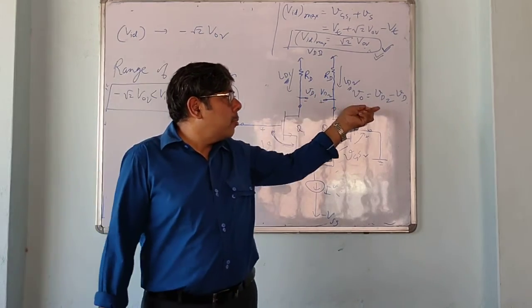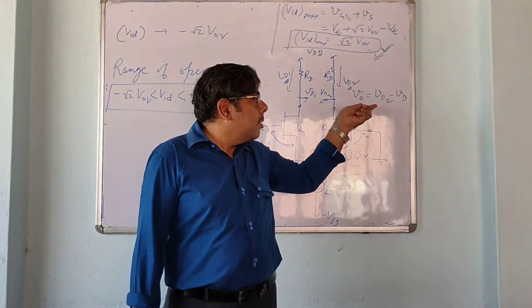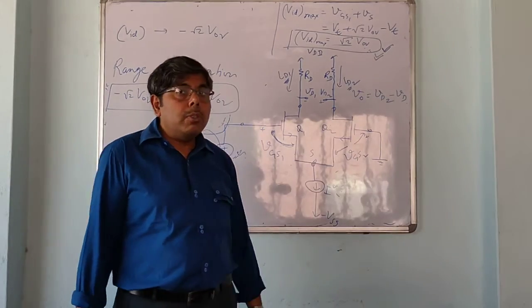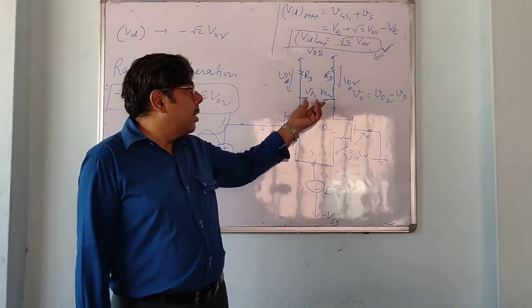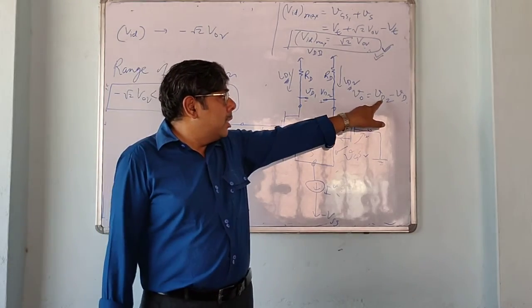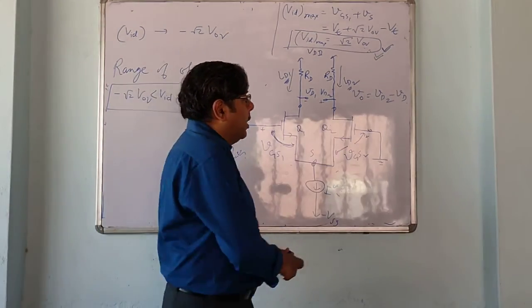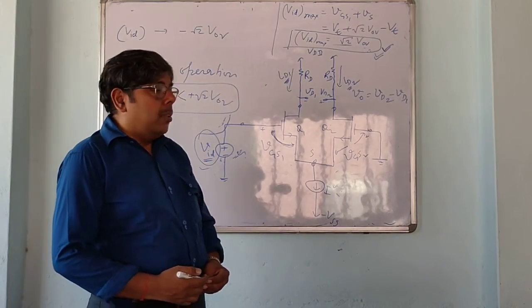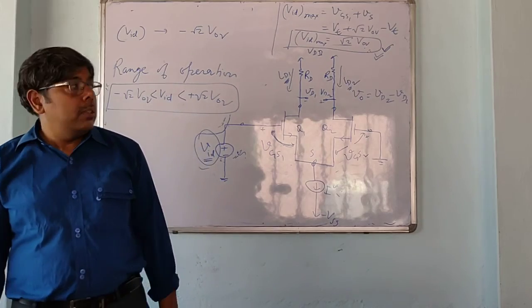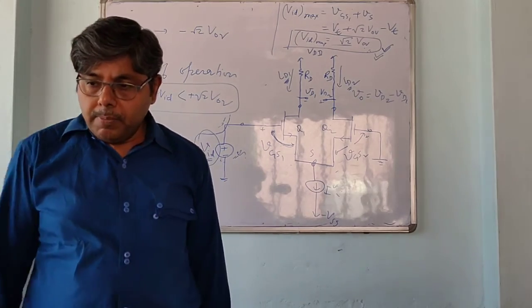So this is the differential output, which also varies. So we can get a variable output here due to these two varying conditions. So this is all about the differential mode of operation.